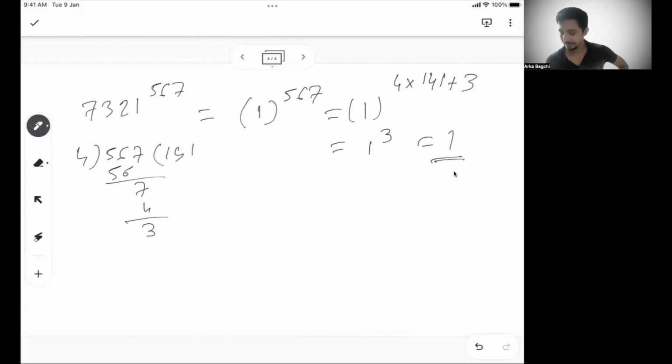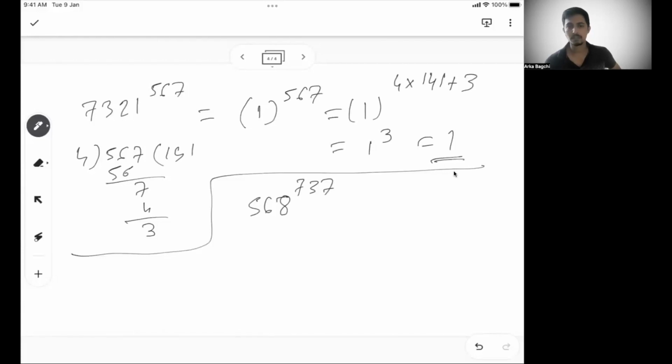Let's take another number. Let's say 568 to the power 737. I'm just taking a random number. Now, again, the first step is to divide 737 by 4. 4 18s are 72, and 7 comes down, 4 ones are 4, so 3.